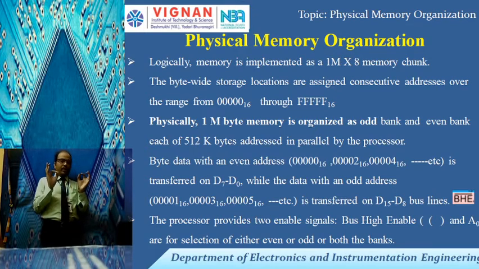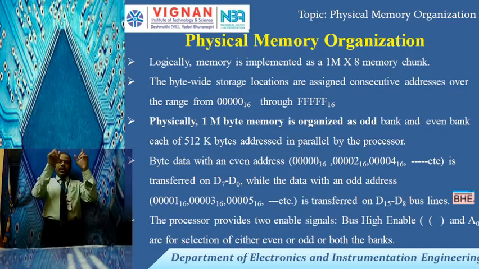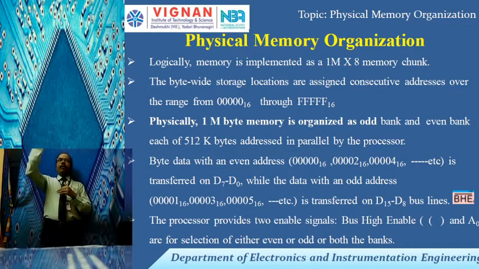Logically, the 8086 microprocessor consists of 1 megabyte, where each location can hold 1 byte of data. Logically it is available as a single 1 megabyte memory, but physically this is not the case.